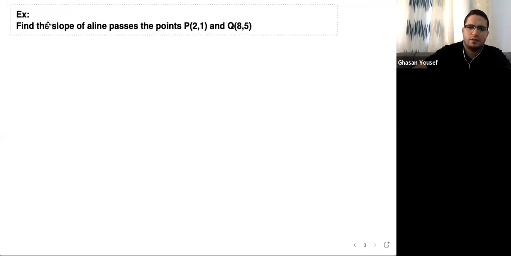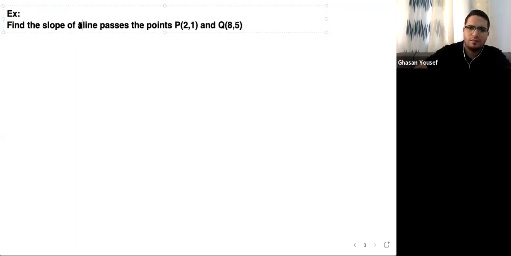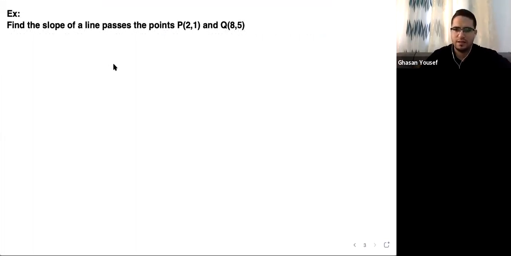This line passes through the point (2, 1) and the second point is (8, 5).